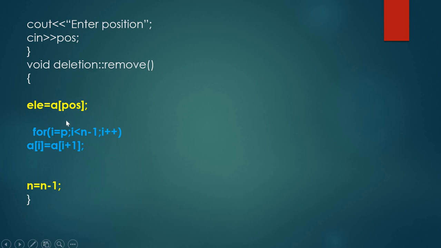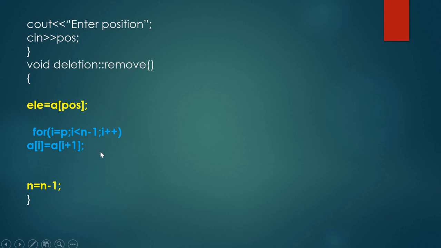Next, the remove process. In the remove process, there are three steps. First, we need to copy the element from the position to ELE. After that, we need to shift the elements to the lower order position. That is, for I is equal to POS, I less than n minus 1, I plus plus, A of I is equal to A of I plus 1. This is for shifting, and the first step is copying the element from the position to ELE.